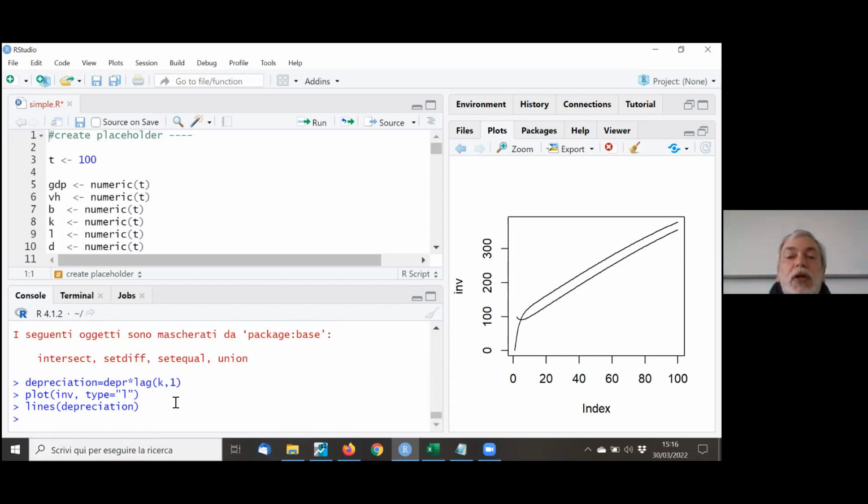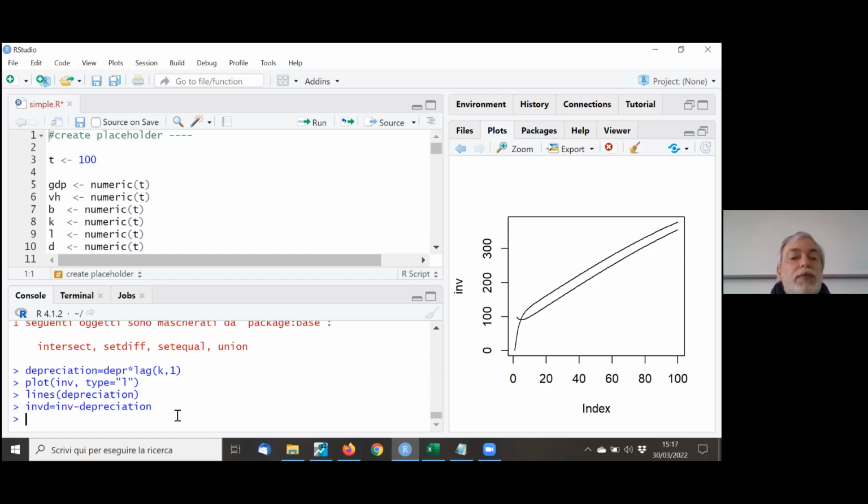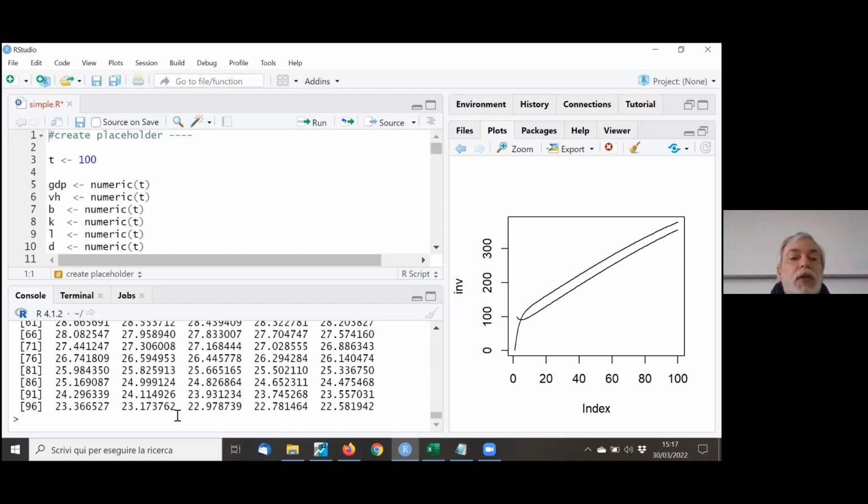There is a constant difference, it looks to me, between the two. Let's call this ID, equal to investment less depreciation. Yeah, this is going to 0, but so slowly. And you were saying that we could run this 10,000 times, and it should eventually go to a steady state.